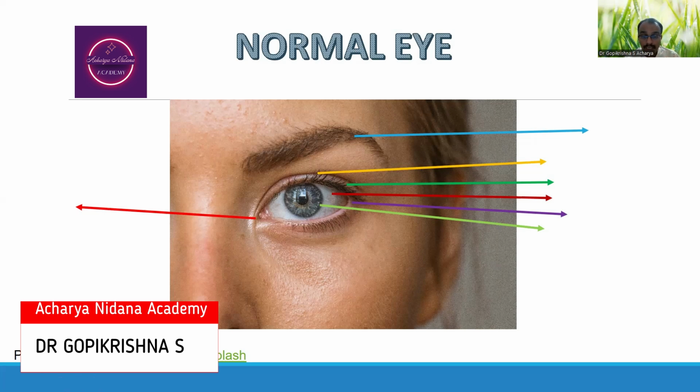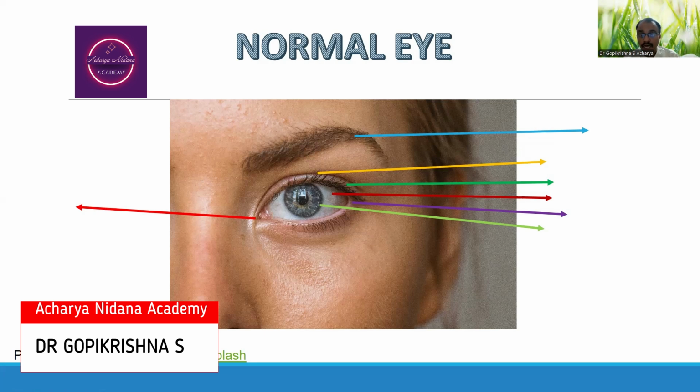In the middle, a small black colored circle is termed the pupil, which is formed by the iris. This is the lateral canthus and this is the medial canthus. Each of these has its own clinical significance.